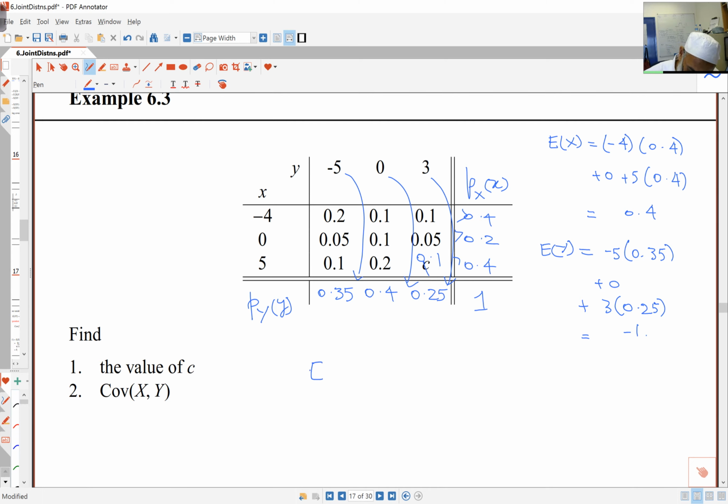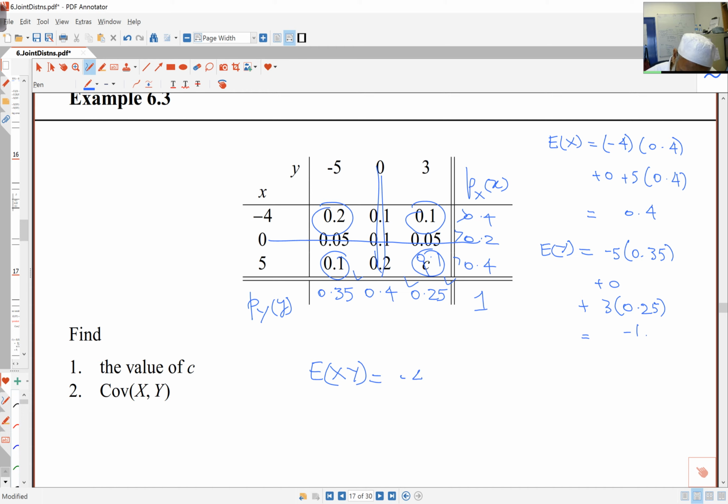Then I work out E[xy]. So, as we said before, the zeros are our friends over here. So I know that nothing I get from here, because when I say x 0 times anything, that will be 0. And nothing I get from here either. So all I've got is these 4 entries to work with. Everything else is 0.